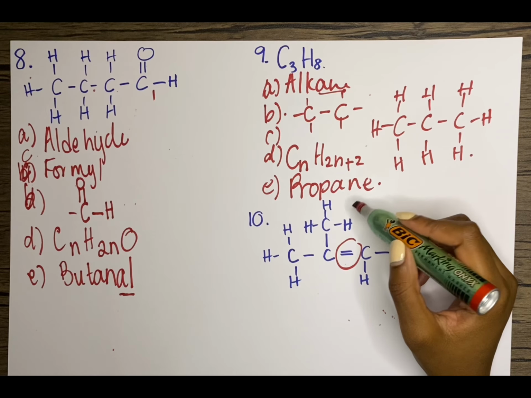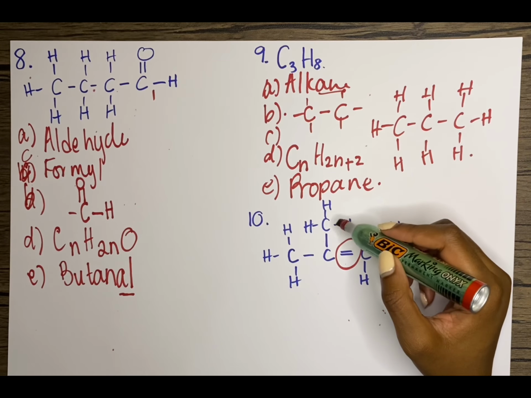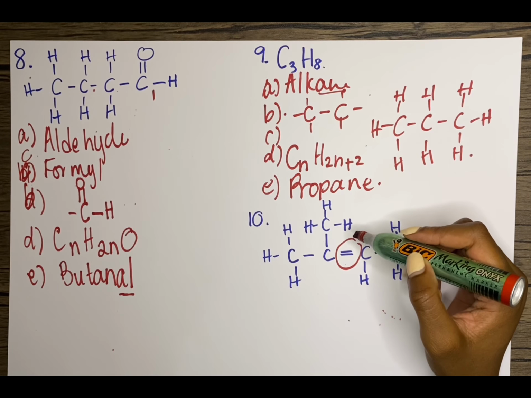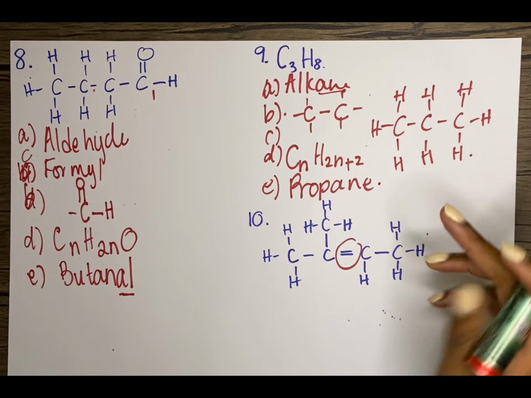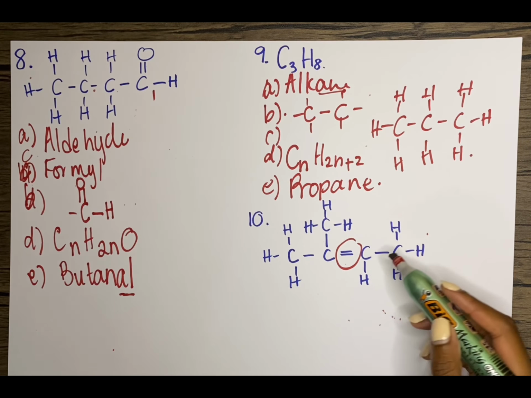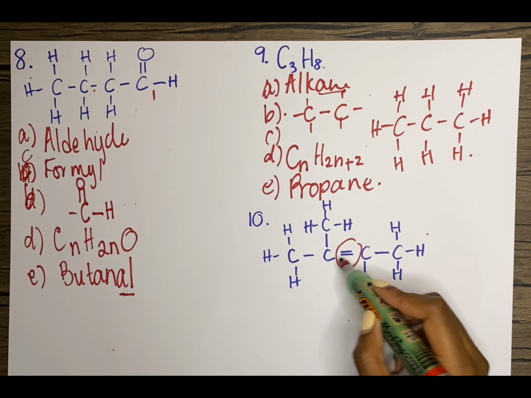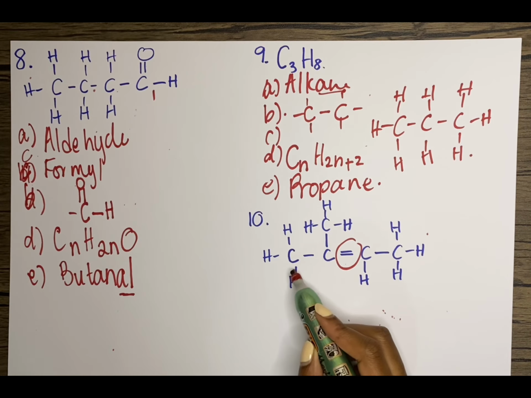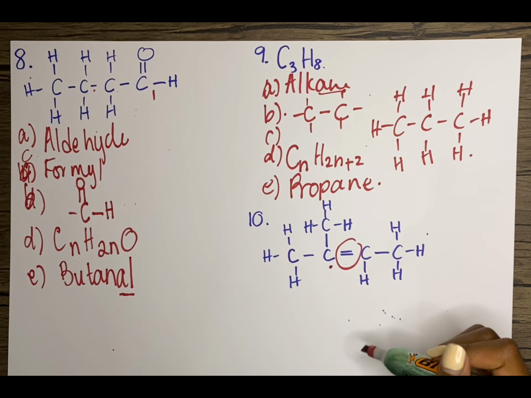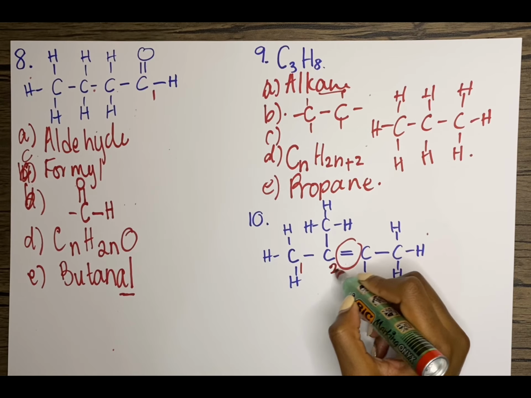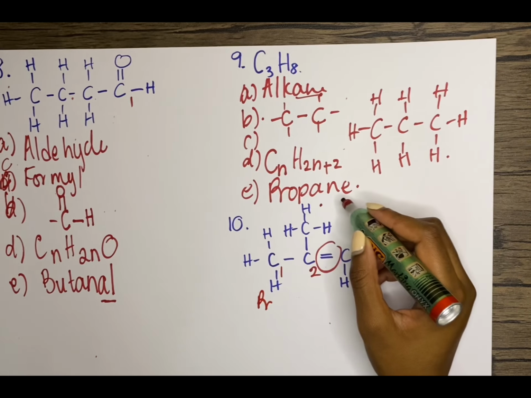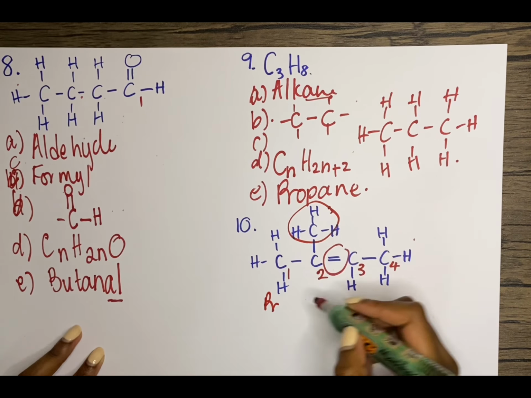So either or. But now, since whether I number from the left or right, it's still in the same position, I must also give the substituent the lowest number possible. Because if I was to number from this side, then the functional group is in position 2, while the substituent would be in position 3. But if I number from this side, then the substituent is going to be in position 2, right? So I'm going to number from this side. Then this would be my substituent.